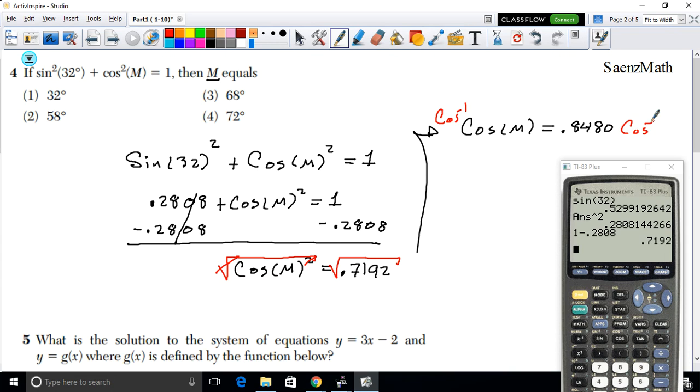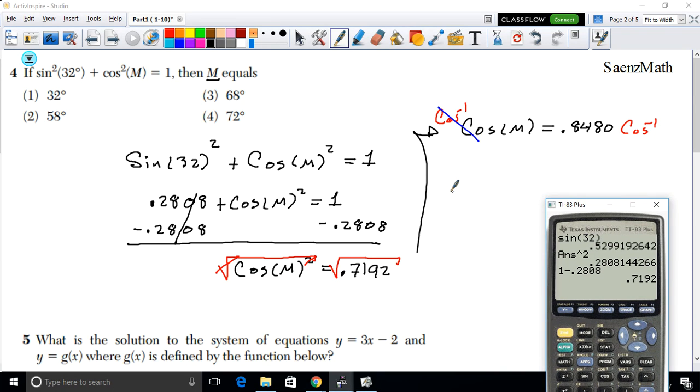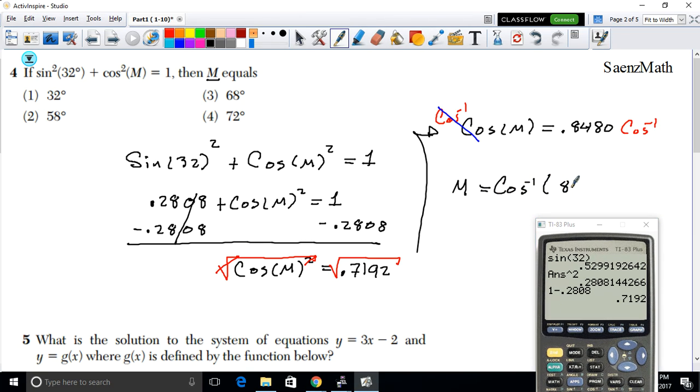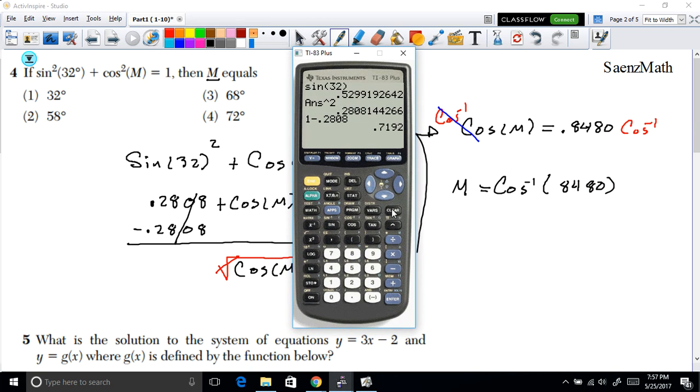We apply the inverse to both sides, because when you apply the inverse, this cancels out. And now you have that m is equal to the cosine inverse of 0.8480. Let's find that out in the calculator. Second, cosine inverse. I'm sorry, it's a decimal right here, 0.8480.